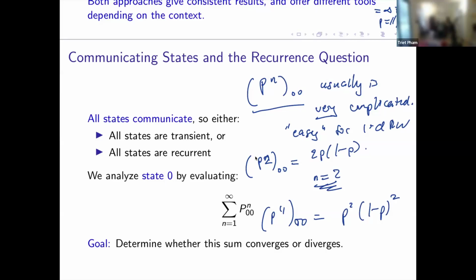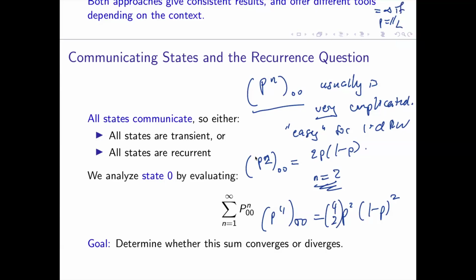And I know it's 6 not because I counted manually. Shouldn't that be just 4 choose 2? Yeah, of course. Out of 4 steps, you choose 2 steps where you walk right, and the other steps you walk left. Namely, right, left, right, right, left, left, things like that.